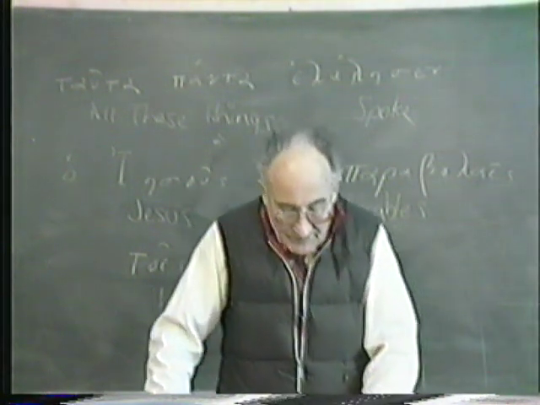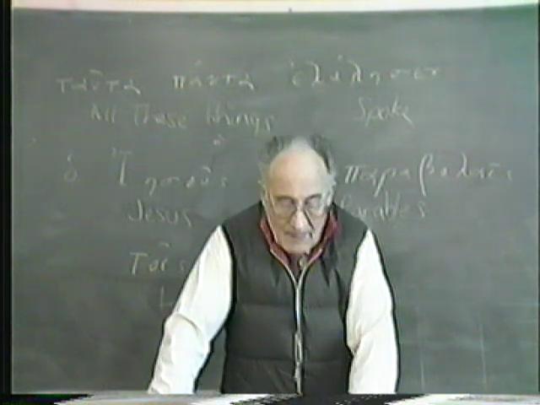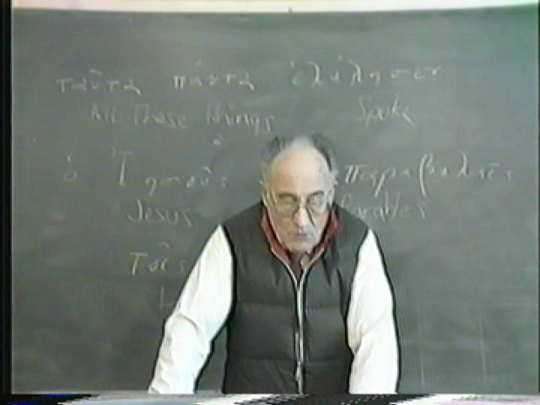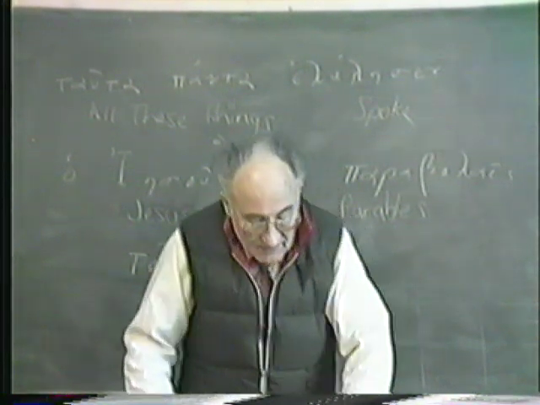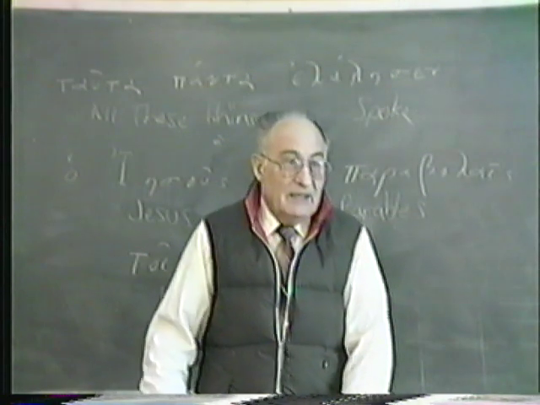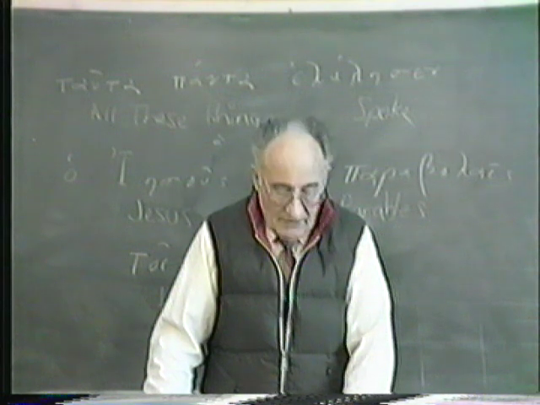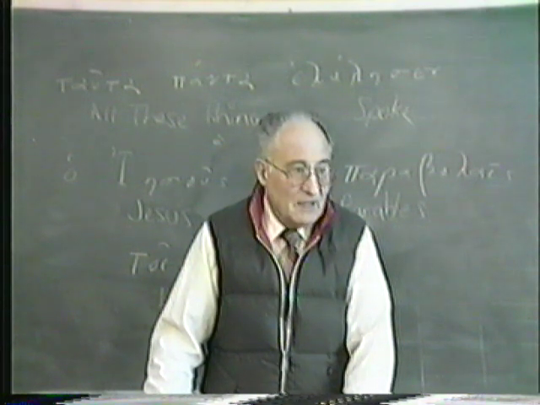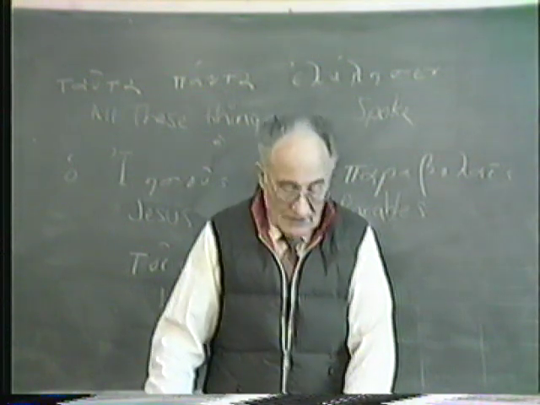Now then, if I were to translate that, how would I say it? The one who sent me. What is the case of me? Accusative, isn't it? It's the direct object of the participle. And remember, a participle is a verbal noun and it can take an object.